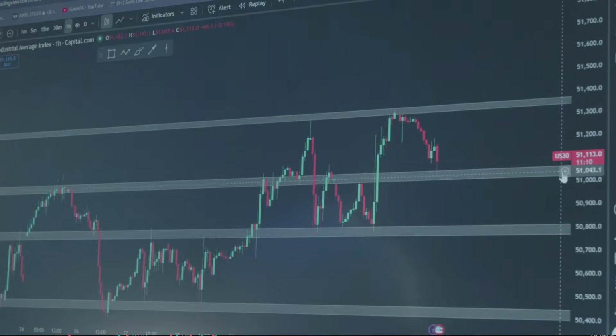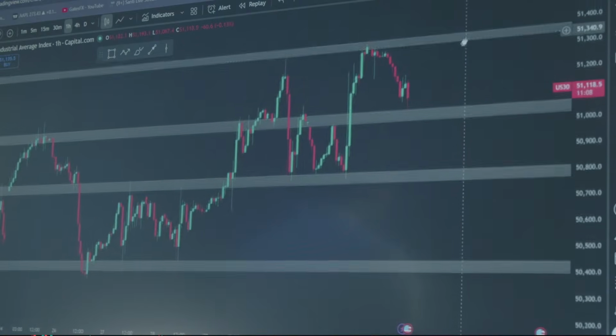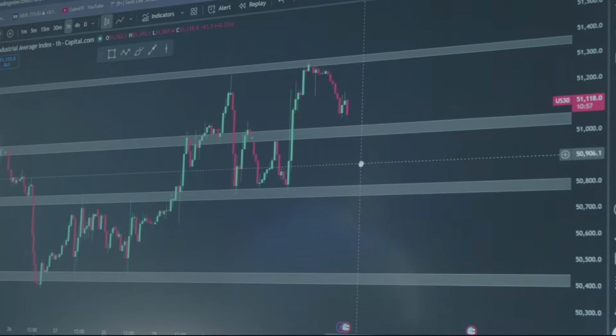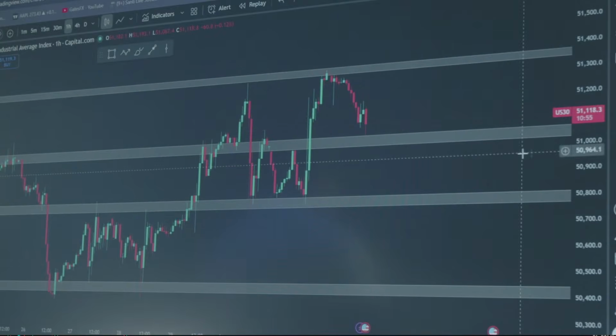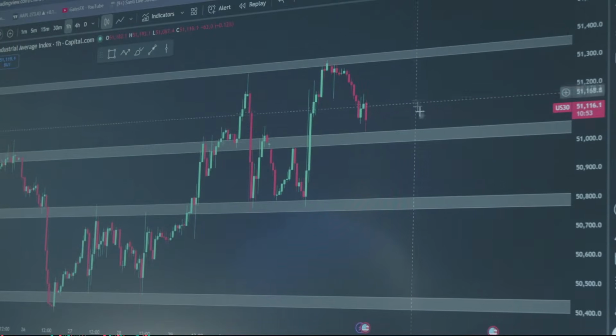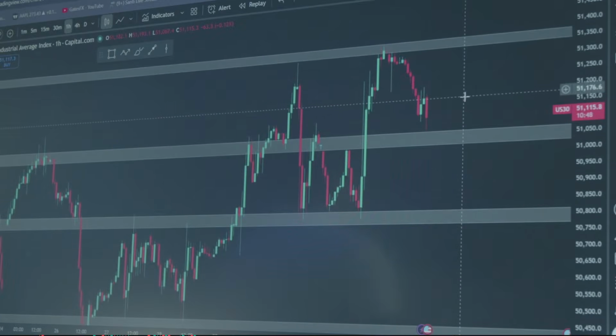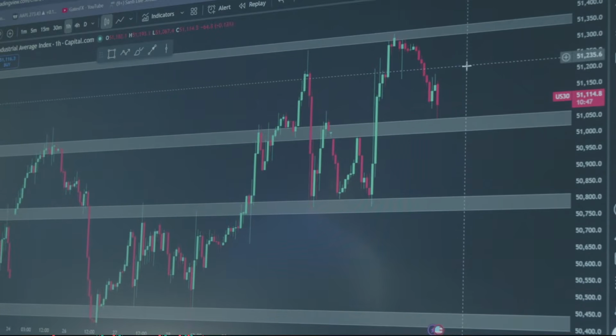On the 1 hour, it still looks bullish because we have our high where that came from, all the way down here. So that means price can go all the way down into the 50,800s and still be bullish on US30. But what I'm noticing is this is very similar to what we have been seeing price action doing, which is it creates these highs and then it does these very aggressive pullbacks.